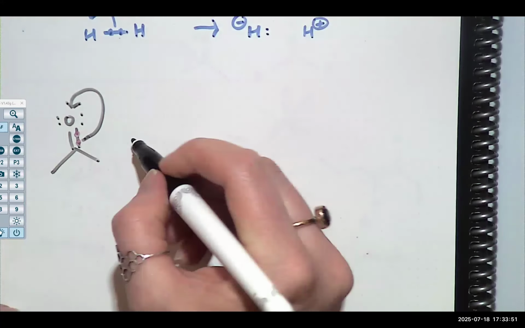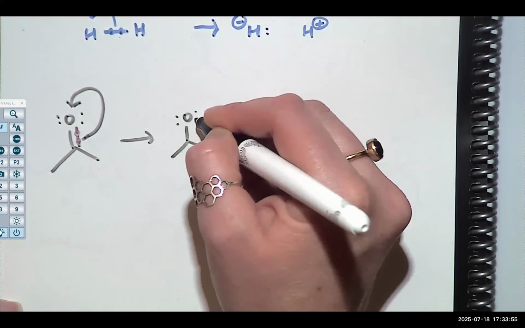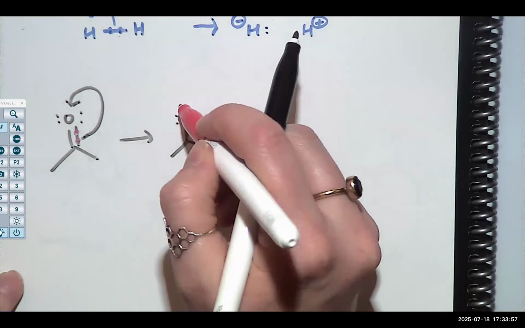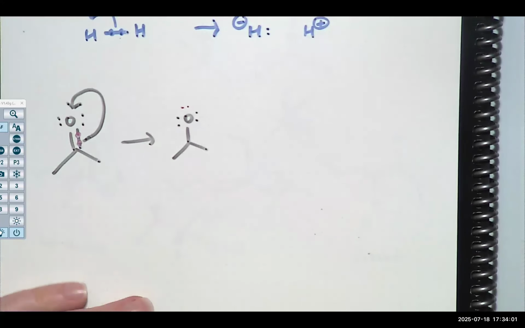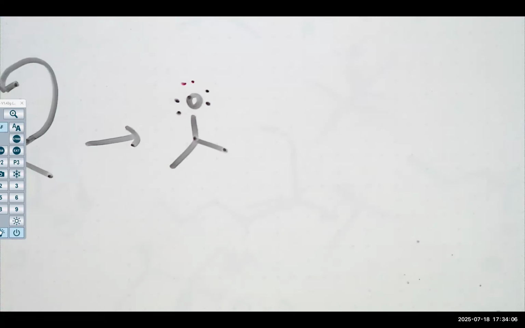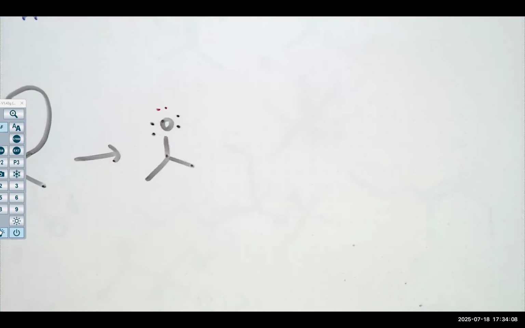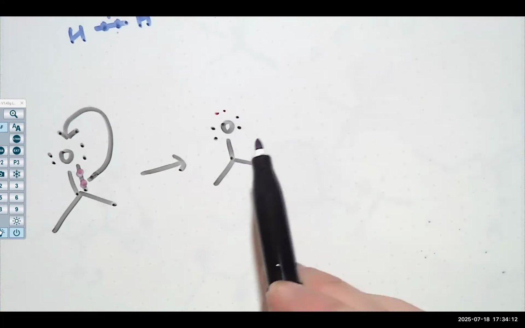So hopefully you predicted that it would look like this, with the oxygen getting 2 new lone pairs on it.